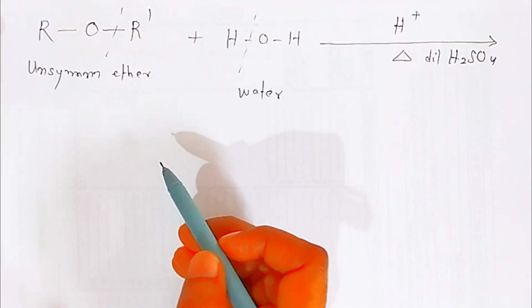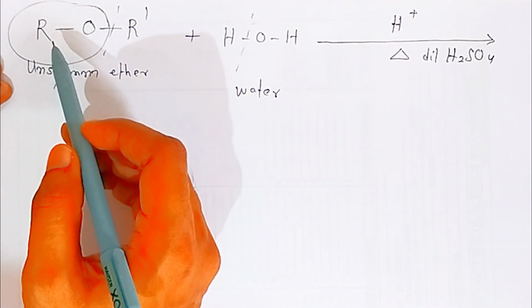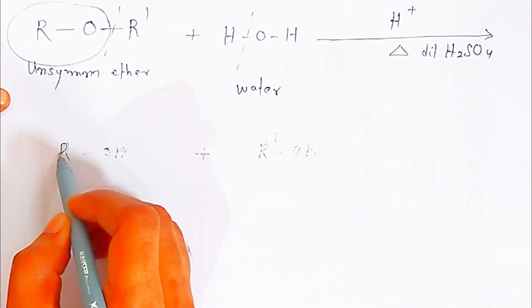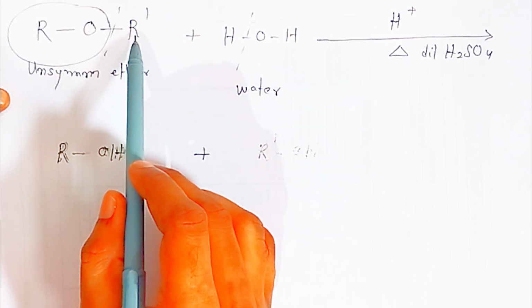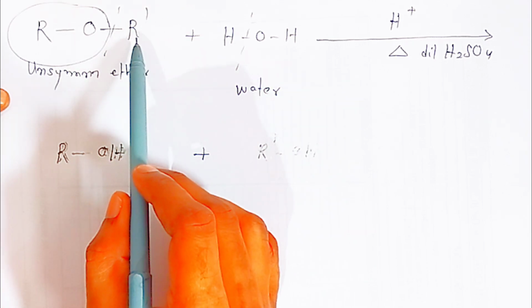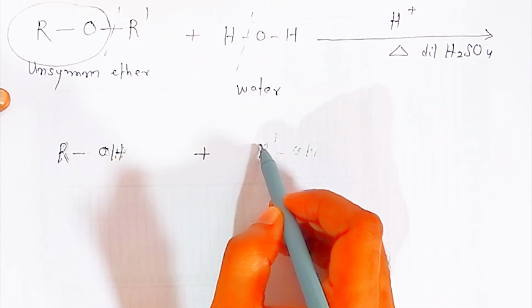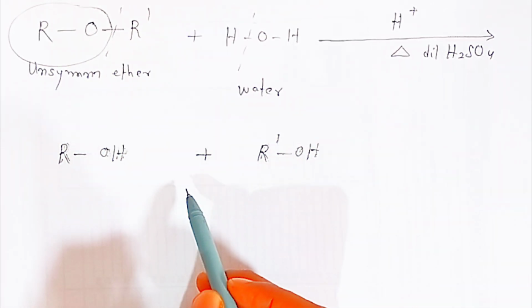Now one of the alkoxides reacts with hydrogen of the water molecule and forms alkyl alcohol like this. And the other alkyl, R dash, of the ether reacts with the hydroxyl of the water molecule and forms R dash OH, that is another alcohol. So you are getting two different types of alcohol.